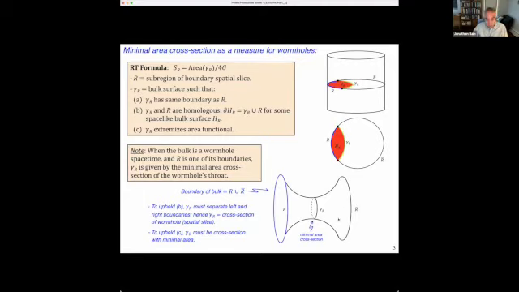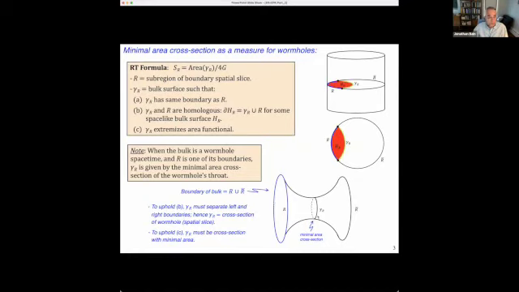So in the diagram at the bottom, recall this paraboloid of revolution, this is supposed to represent a spatial slice of the bulk. And it has two boundaries, and we're assuming one of them is given by R and the other is given by the complement of R.